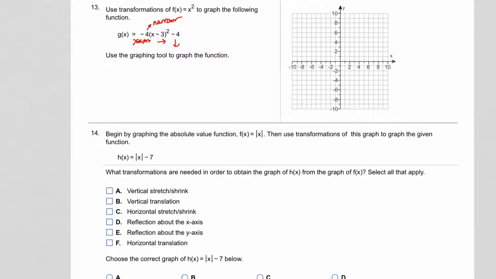So we know this is going to be an upside down parabola. It's going to be narrower. So we're going to go over 3, down 4, which is right there. It's going to be upside down and narrower. And that's fine.